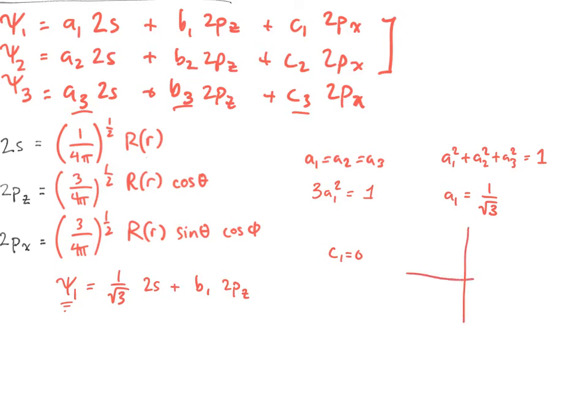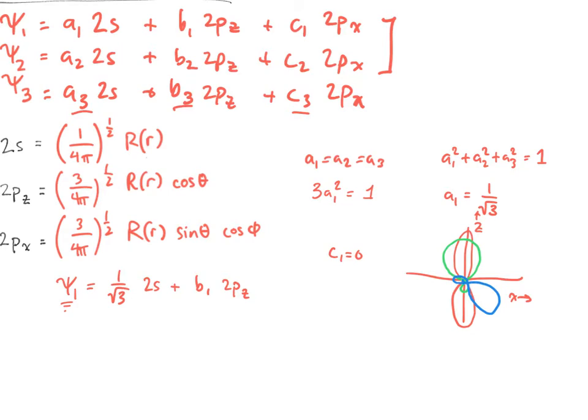So if we have depicted here the pz orbital looks like this, if this is the z-axis here and this is the x-axis here, then we're going to make our hybrid orbital, which I'm going to use a different color for. Our hybrid orbital is going to look something like that. At least our first one will. And then we'll see a little bit later that our other hybrid orbital is going to kind of come out in this direction like that.